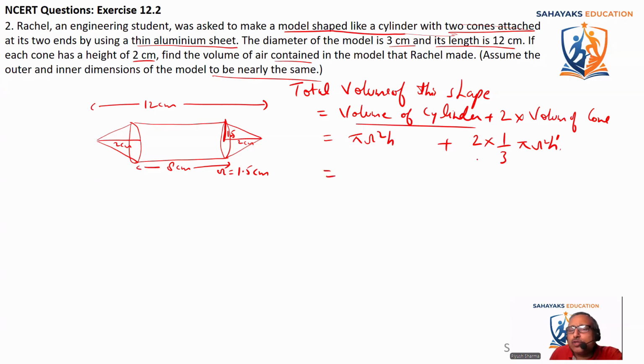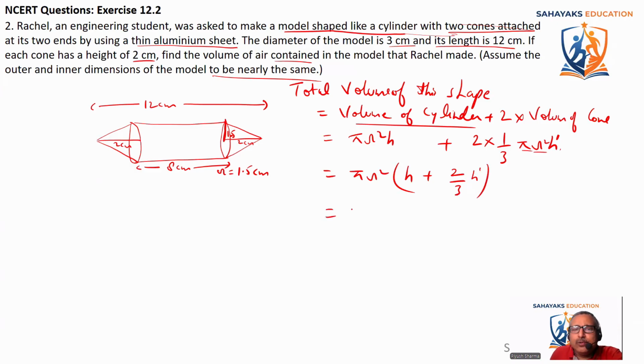Because pi r square is same for both, I can take pi r square as common. It comes as h plus 2 by 3 h dash.